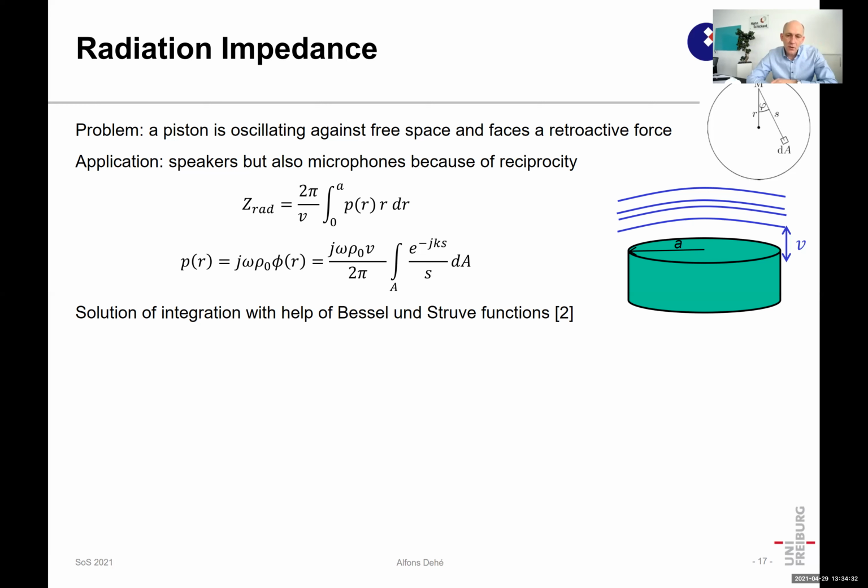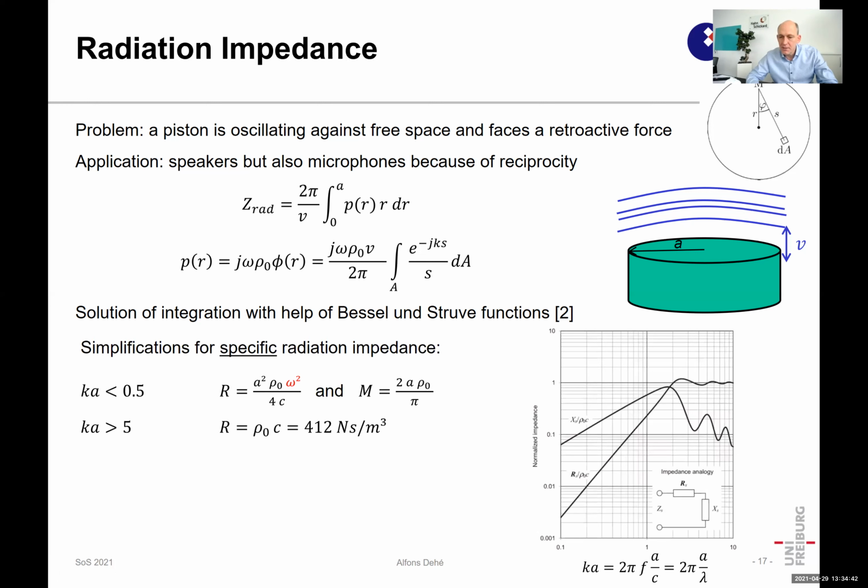So the solution of this equation deals with Bessel and Struve functions. You can read this and you can compute this nowadays more easily. But typically, these solutions are given in textbooks and are simplified for easier use in applications.